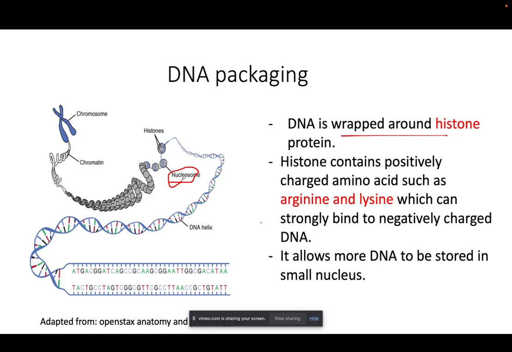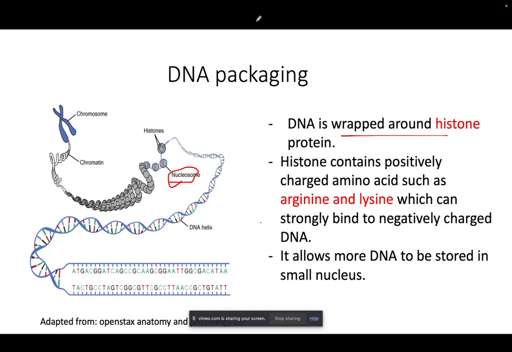Okay, but the question again is how can this histone hold this DNA around itself, right? And the answer again relies on the fact that DNA is negatively charged due to the phosphate group, as I mentioned already.